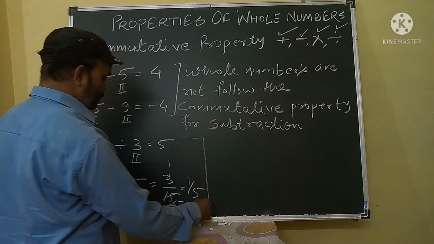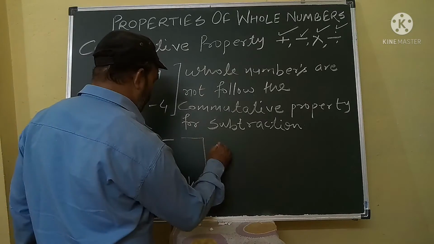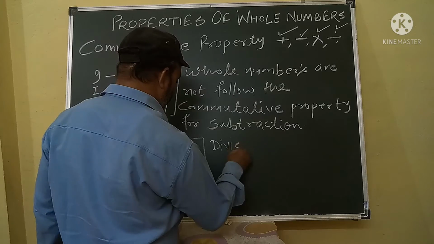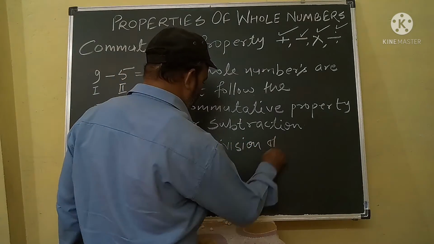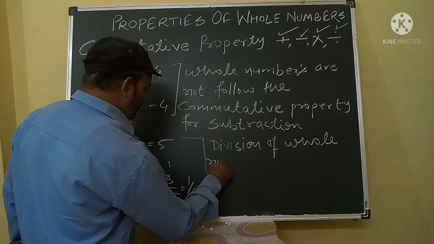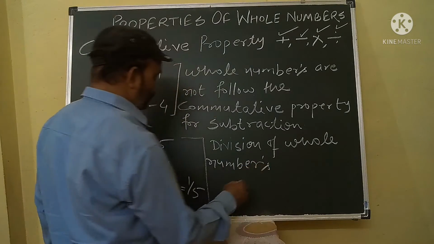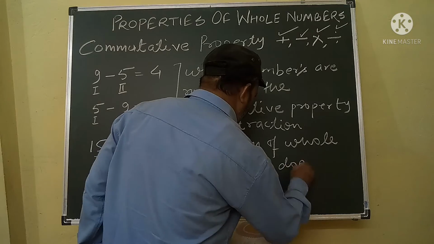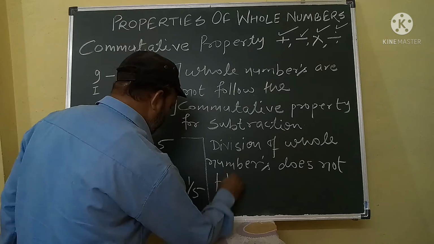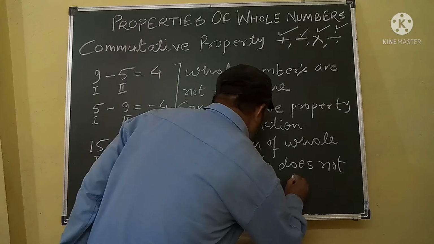That means division of whole numbers does not follow the commutative property.